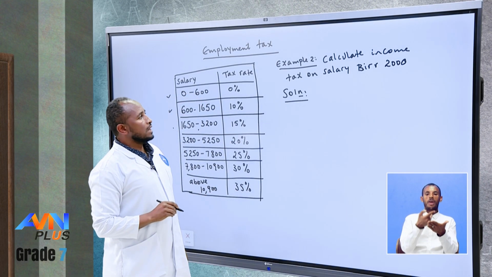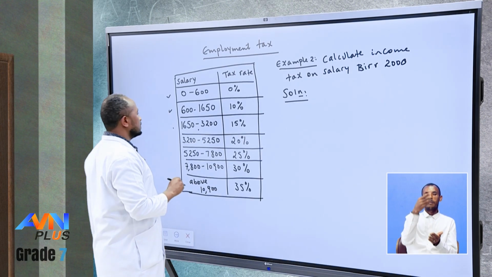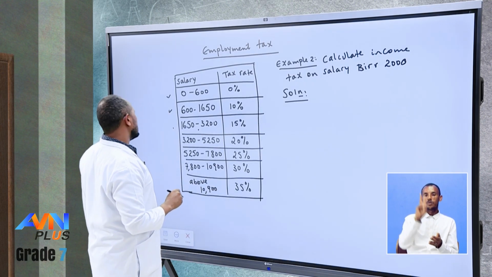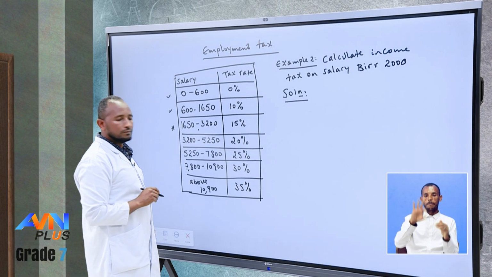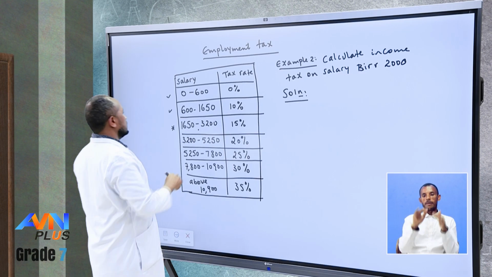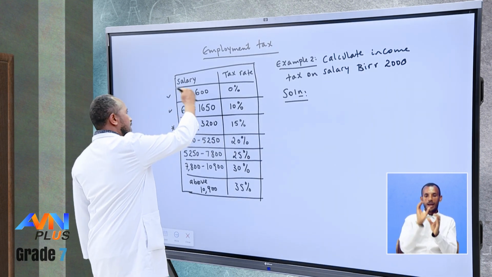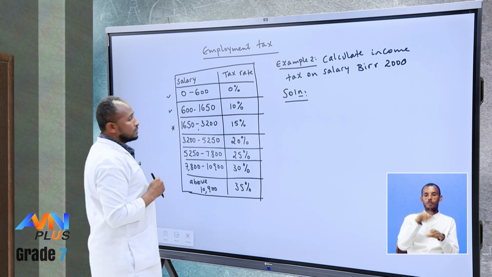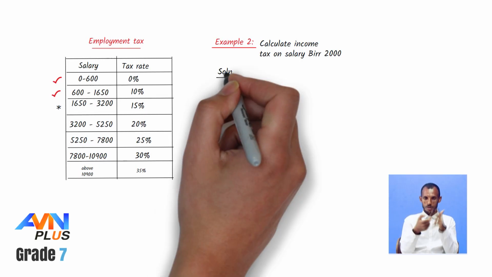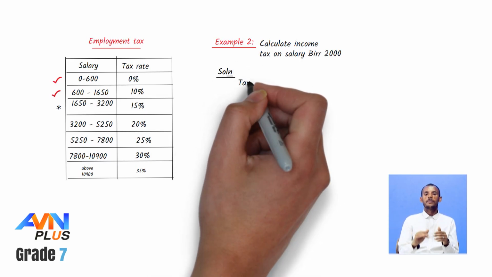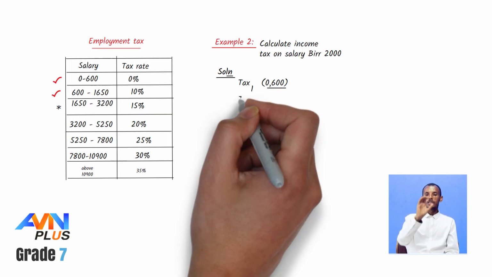Here, the income is 2,000 birr. It falls on the third interval, on this interval. So we calculate the income tax on each interval. On the first interval, tax 1 is for the interval 0 to 600.